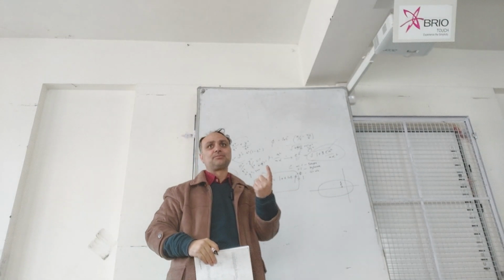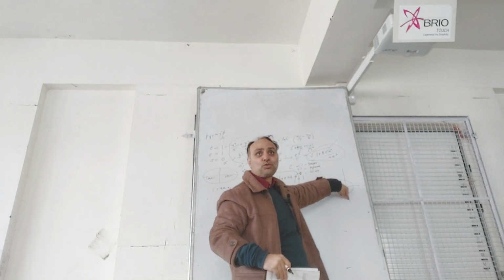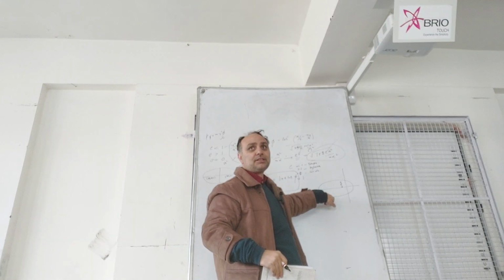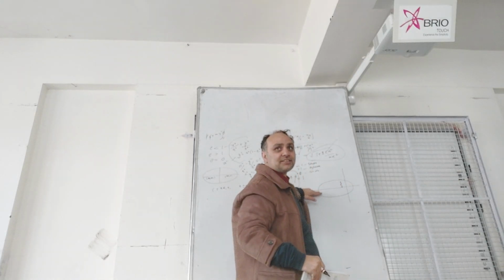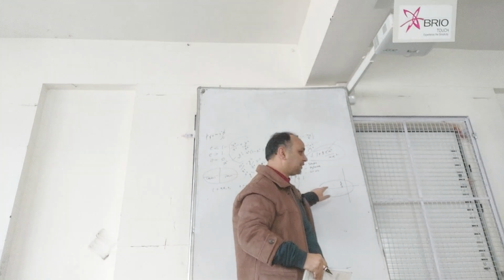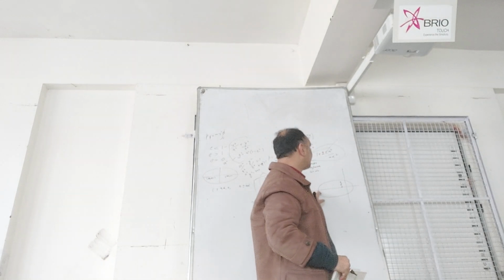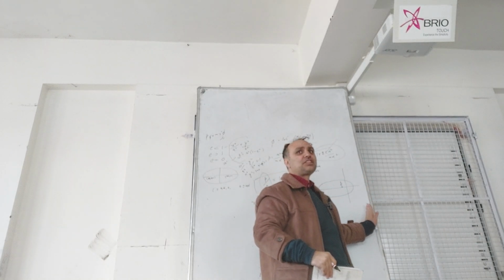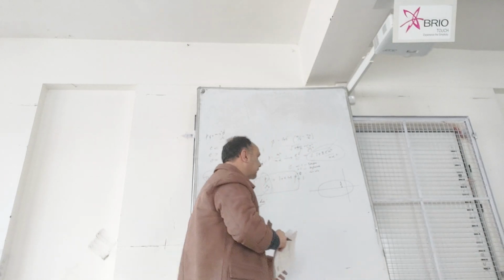There are two latus rectums. One passes through one focus, the other will pass through the other focus. Okay? And this is known as what? Directrix, if you remember. Okay. The directrix is the constant line, and the point is at a constant distance from the directrix.